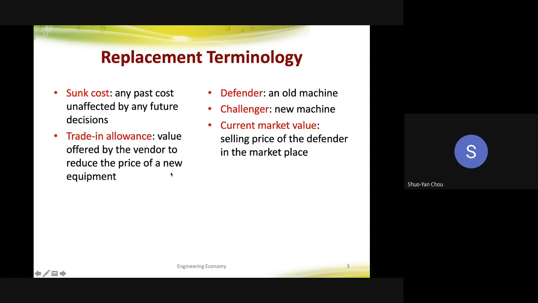You buy a new car, and they say, if you bring the old car to us, we'll allow you to deduct a certain amount of money from the payment of the new car. For them, on the one hand, it is to attract customers to replace their car, providing additional financial incentive.